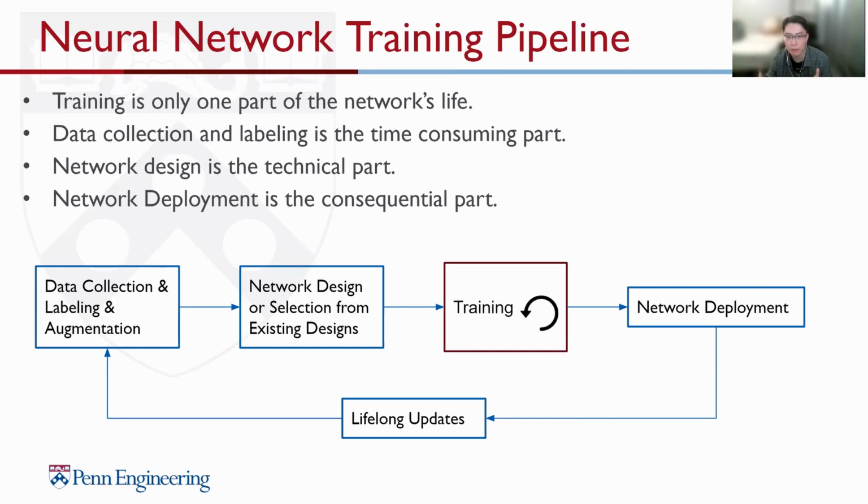If you cannot deploy it onto a suitable device in a suitable way, then the end result may not be as good as the training shows, because it depends on the performance of the chip. And the lifelong updates are usually a legal part, because we want to get data from the deployment platform, which will probably be the end user. And if we want to get data from them, there could be some legal issues with that.